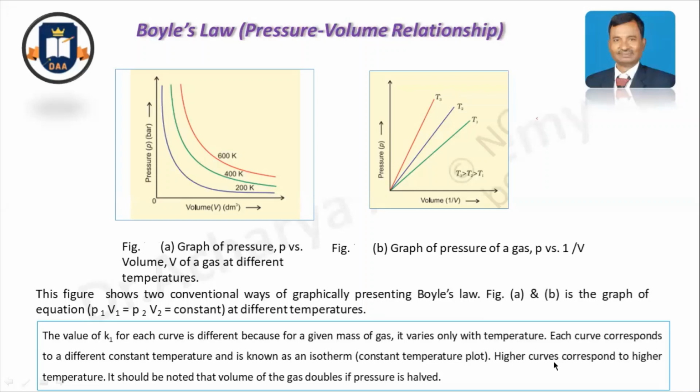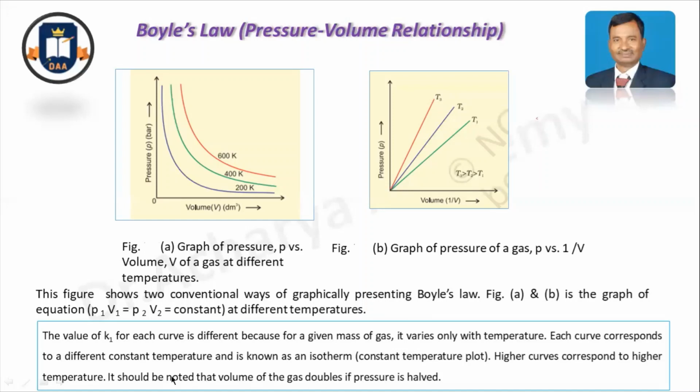So higher curves correspond to higher temperature, and when the temperature is increasing, the curve also goes to the higher side. You can see it is like that in both cases.